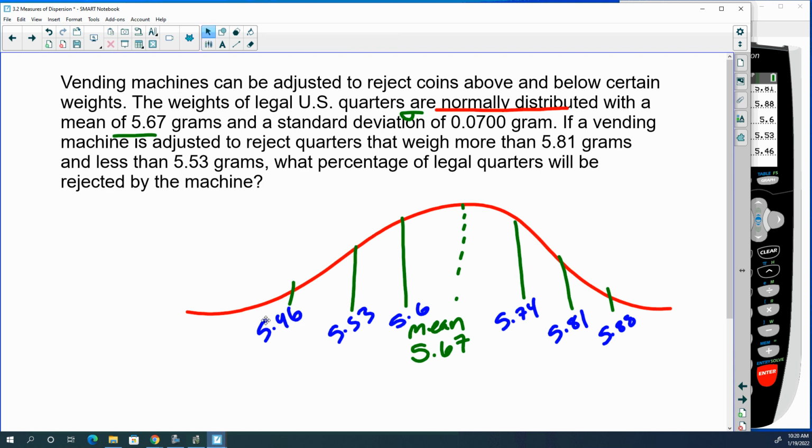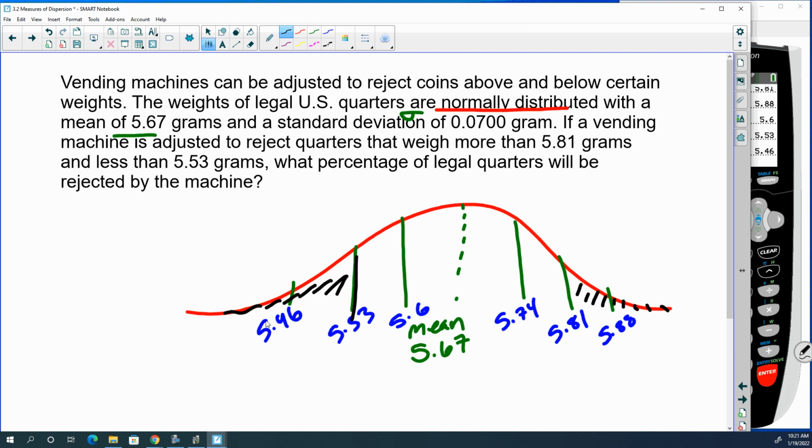So now it says if a vending machine is adjusted to reject quarters that weigh more than 5.81, so 5.81 was right here, so more than that, it's talking about all of that section there, and less than 5.35. So here's my 5.35, and it said less than that, so it's talking about that section. What percentage of legal quarters will be rejected by this machine?